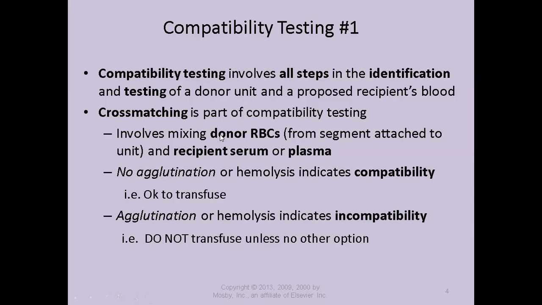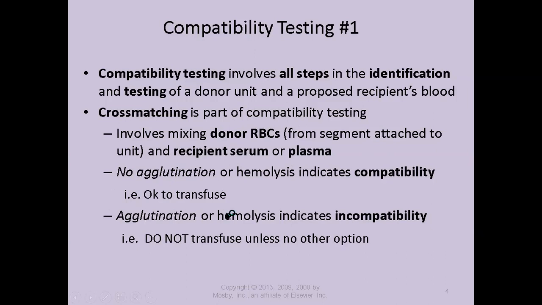So when we're doing our cross-match testing and we're mixing our recipient serum or plasma with the donor red cells, if we do not see agglutination or hemolysis, this indicates compatibility, meaning it looks like these cells would be okay to transfuse into this recipient.